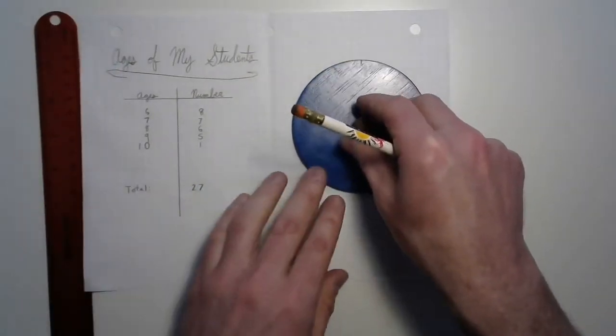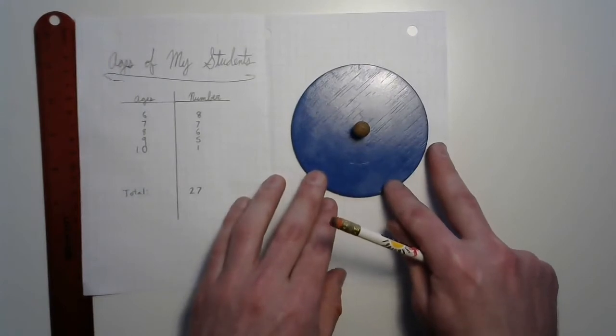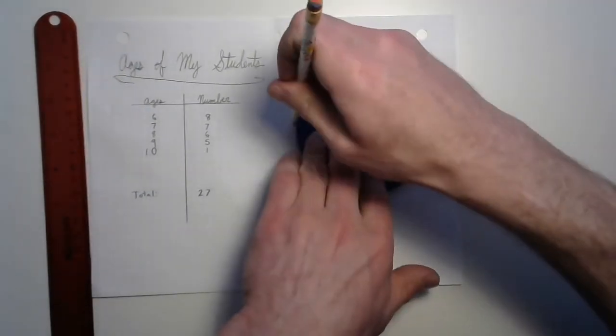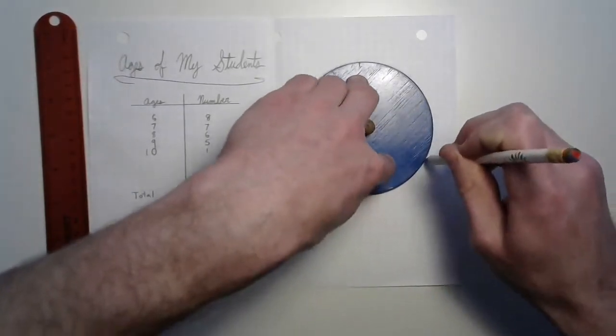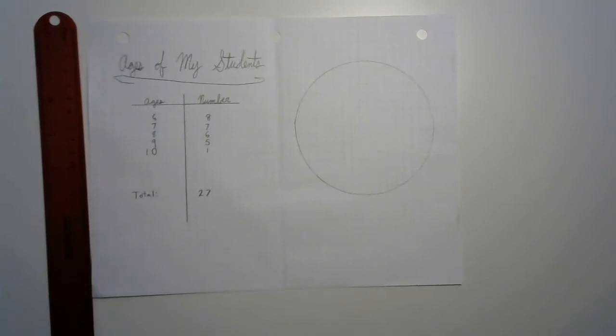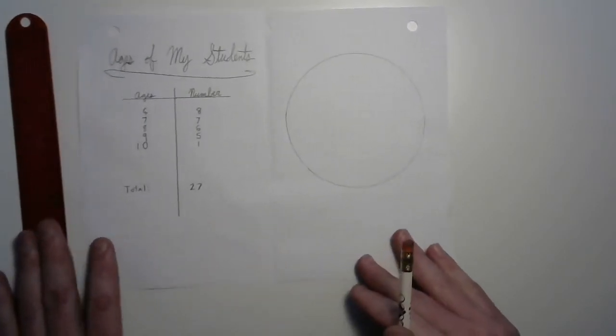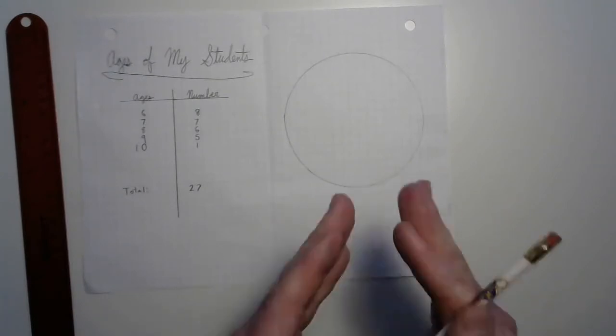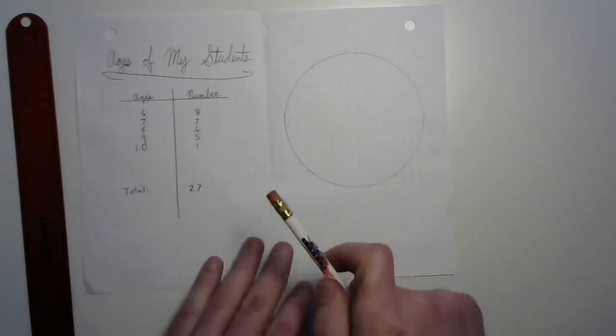So, take your circular object and trace it onto your paper. Pretty simple, right? Hopefully that went very well for you as well. Okay, the next thing we want to do is figure out what that slice I just told you about is.